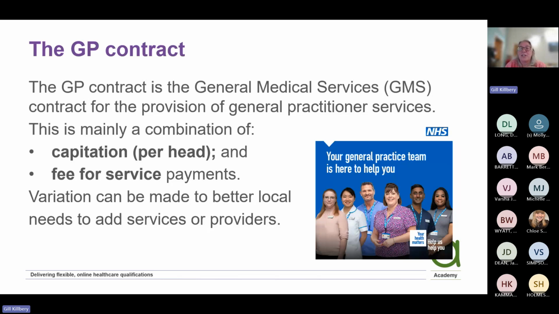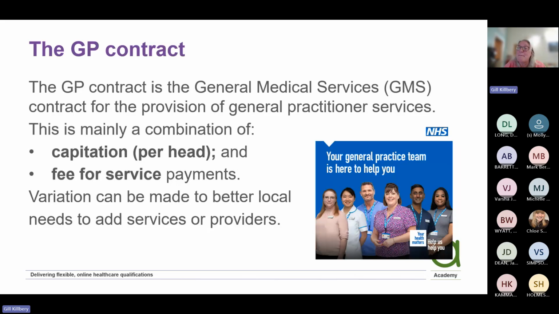Enhanced services, for which there's a national price, are laid out in the national contract and known as directed enhanced services. These are things like flu vaccinations, minor surgery, care of the homeless, lots of different bits and pieces that if a practice signs up to doing, they will get paid to do. But there are also other bits and pieces that are paid to GP practices.